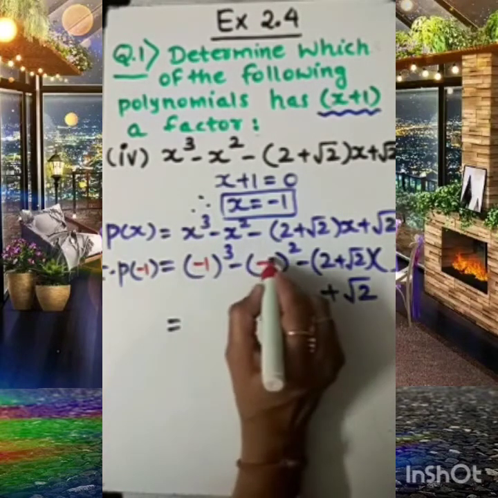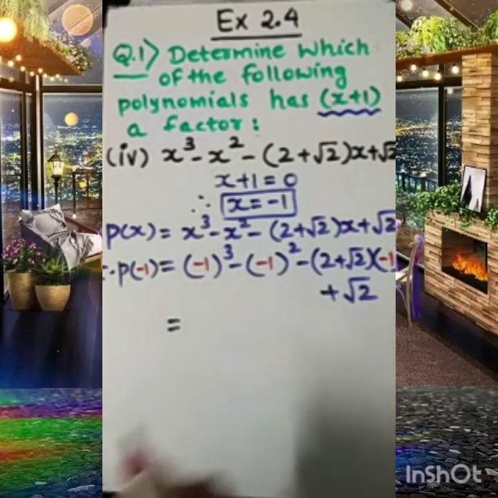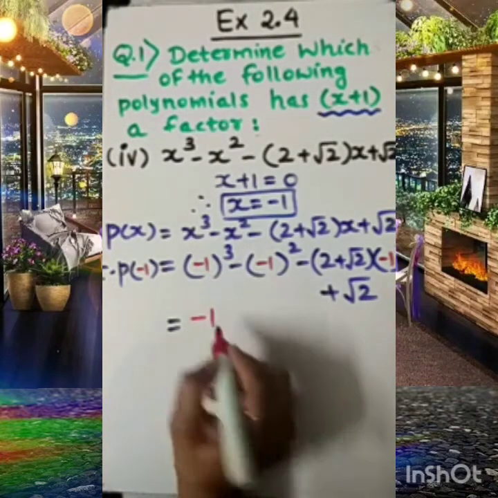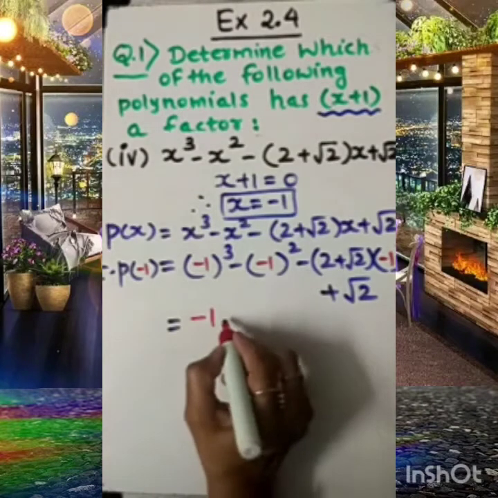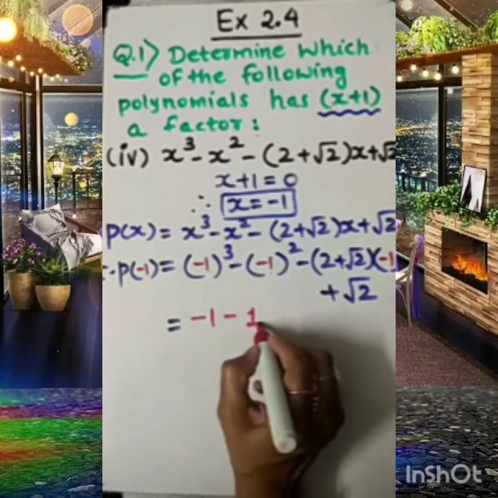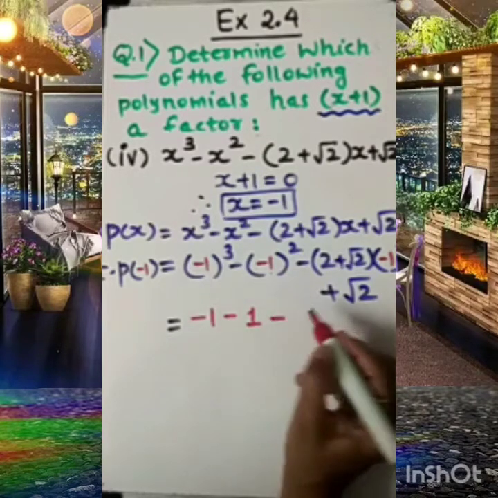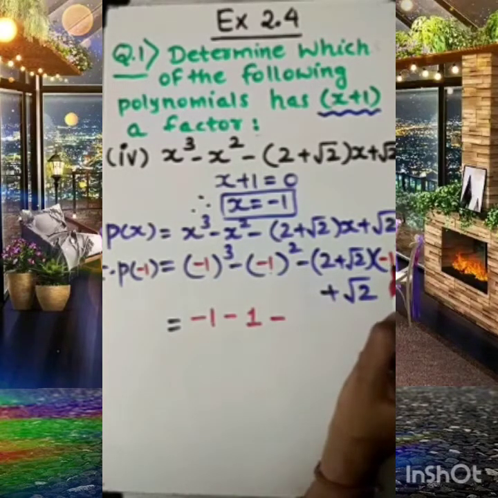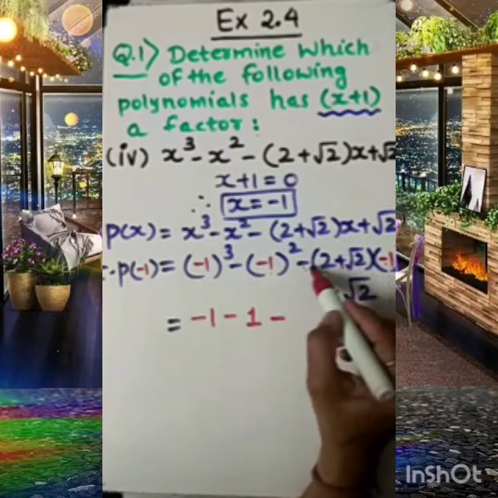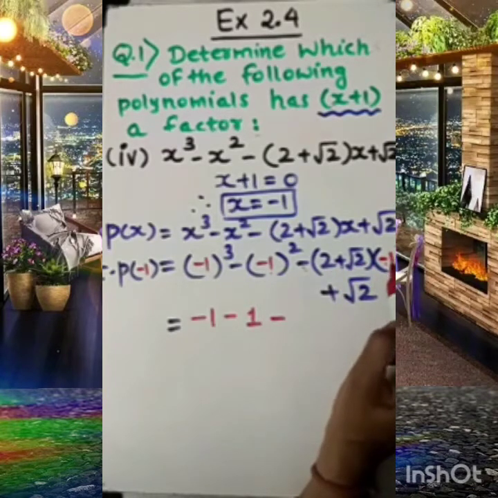Minus 1, minus 1, minus 1, right? We know that minus 1 cube is minus 1 only. Minus 1 square is only 1, plus 1, right? Minus. Now you know better. We need to multiply. Be careful while multiplying here. If we multiply this with this, then both of these terms, how do we justify it?